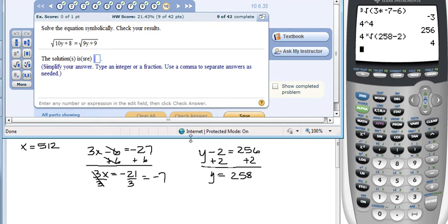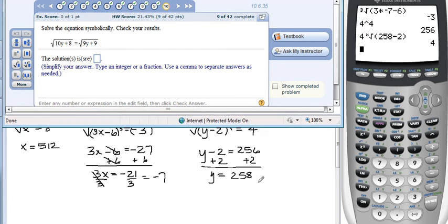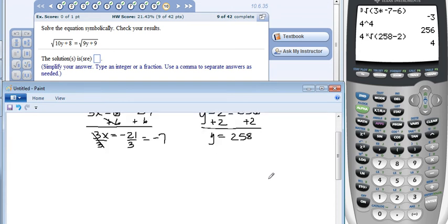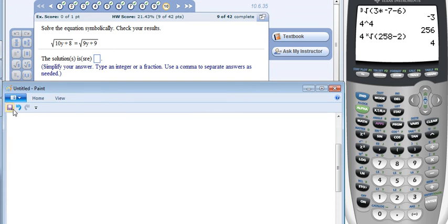All right. What's going on here? Well, we've got a radical on either side, so we are going to square. I'm going to square this side and square that side.